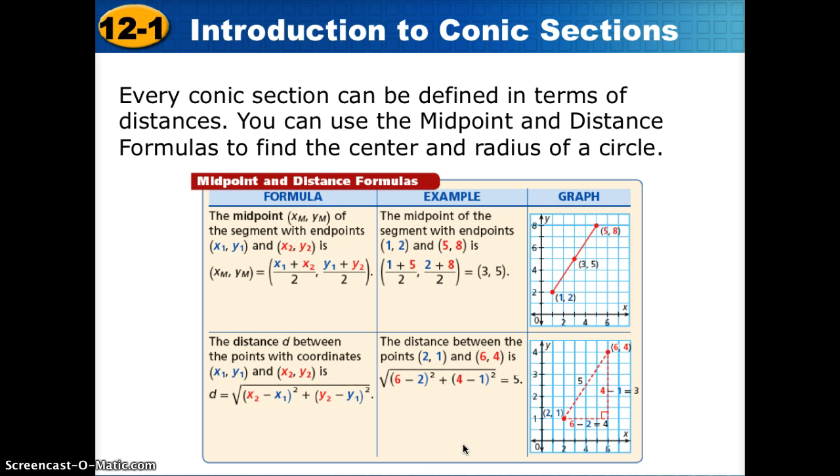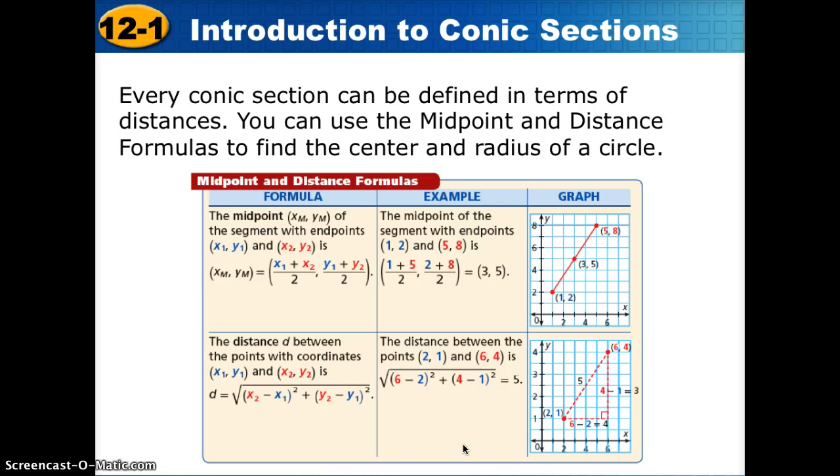With the distance formula, it's that idea of the Pythagorean theorem between the two points, dropping a perpendicular straight down from one point and drawing the horizontal until we form that 90-degree angle, and then we have a hypotenuse between the two points. This allows us to find the shortest distance between two points, which they say is a straight line.